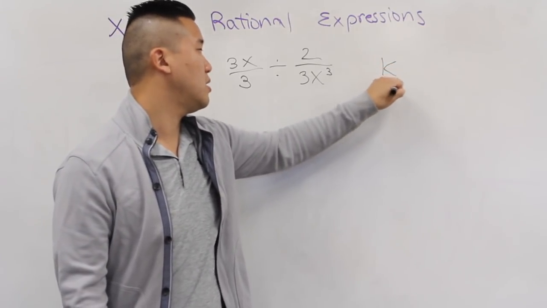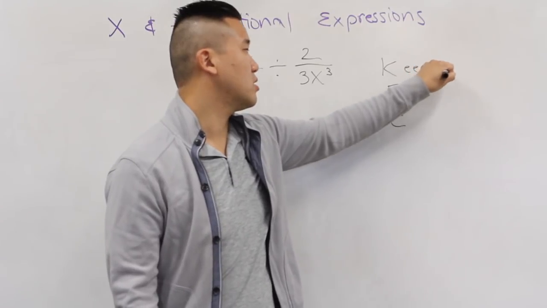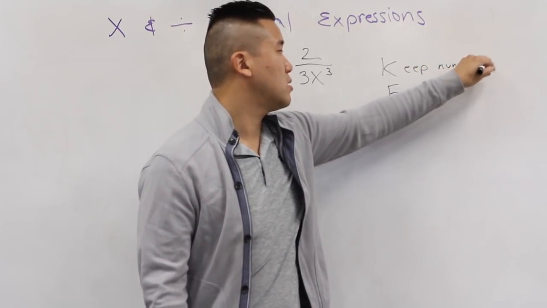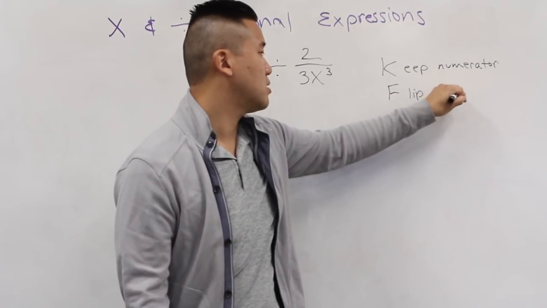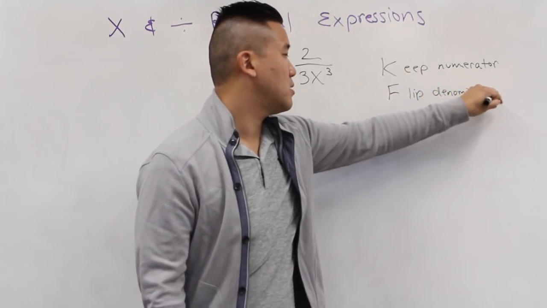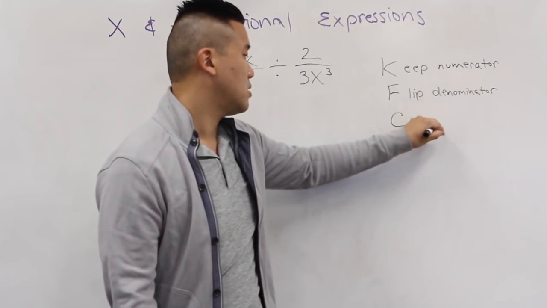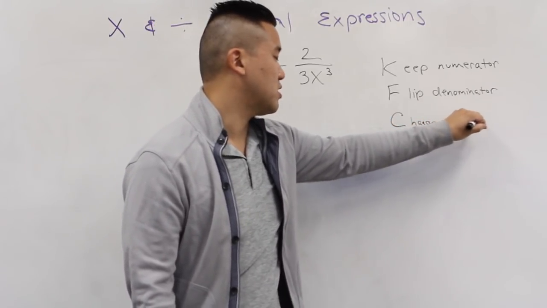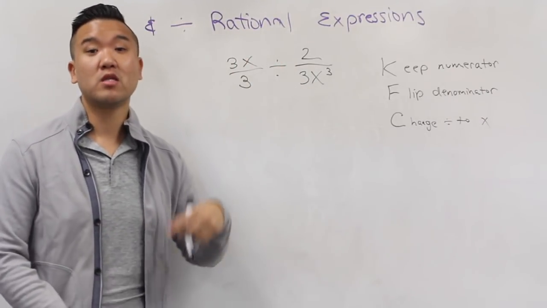So we're going to keep the numerator, flip the denominator, and the C is going to be change division to multiplication. So anytime you see division, think of KFC.